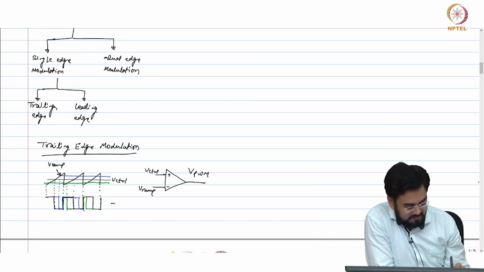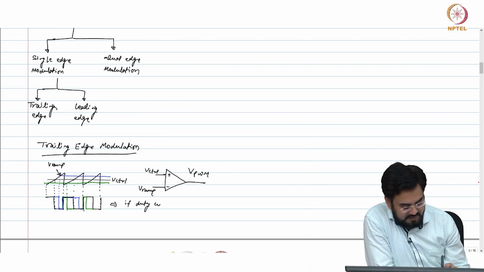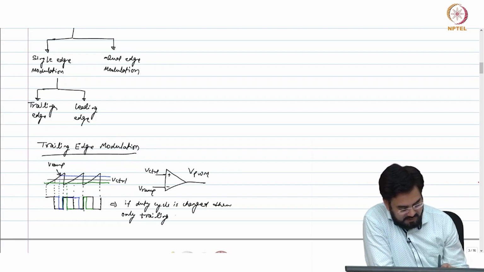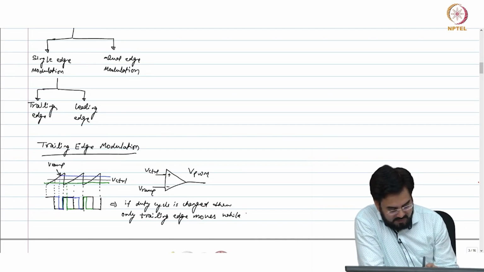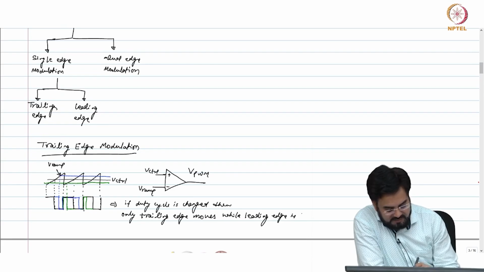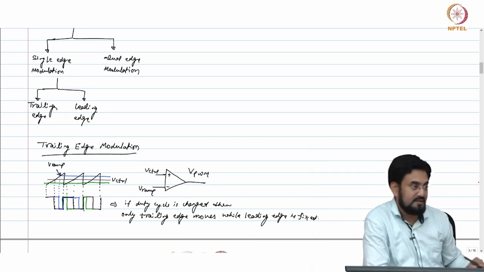So if the duty cycle is changed, then only the trailing edge moves while the leading edge is fixed.